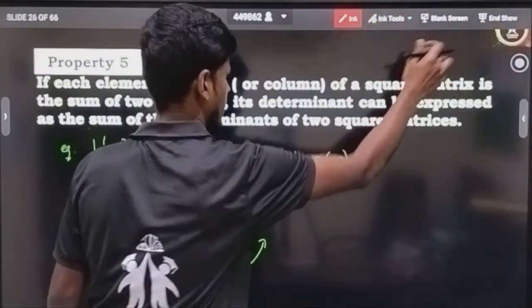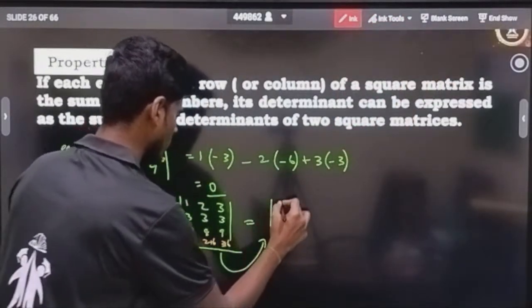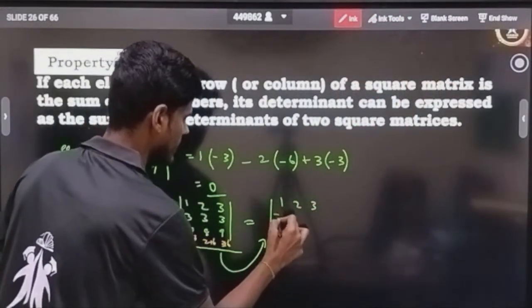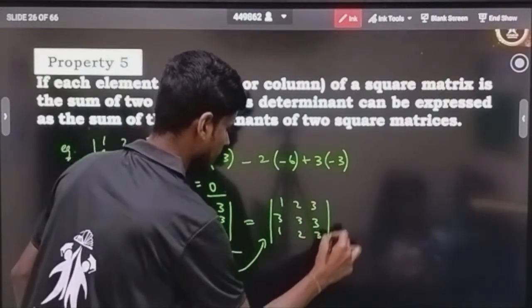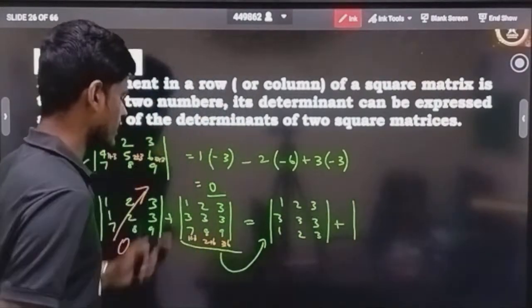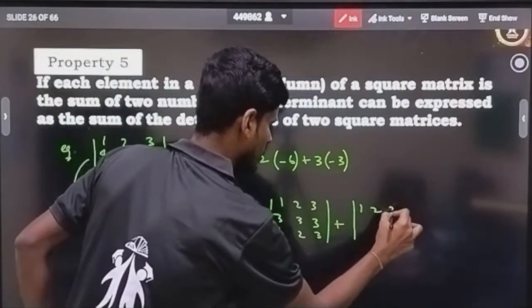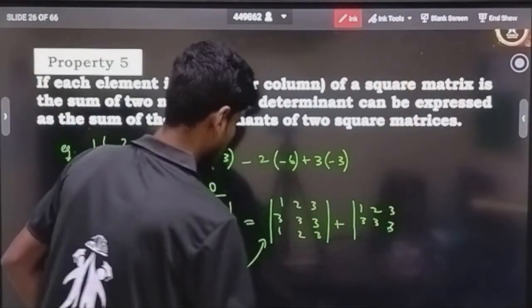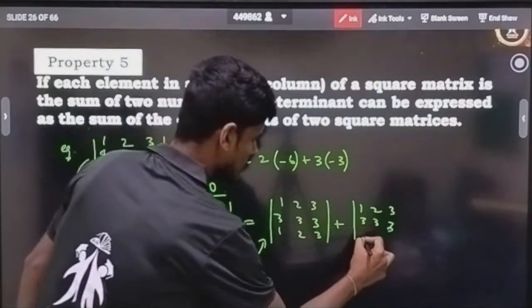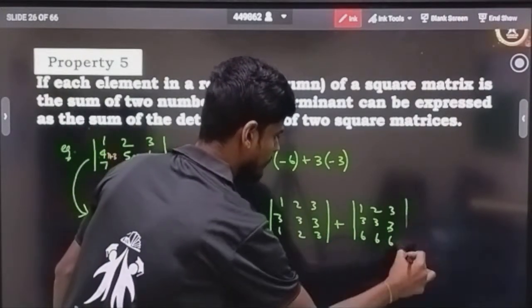Now this expansion becomes the determinant of 1, 2, 3, 3, 3, 3, 1, 2, 3, plus the determinant of 1, 2, 3, 3, 3, 3 and 6, 6, 6.